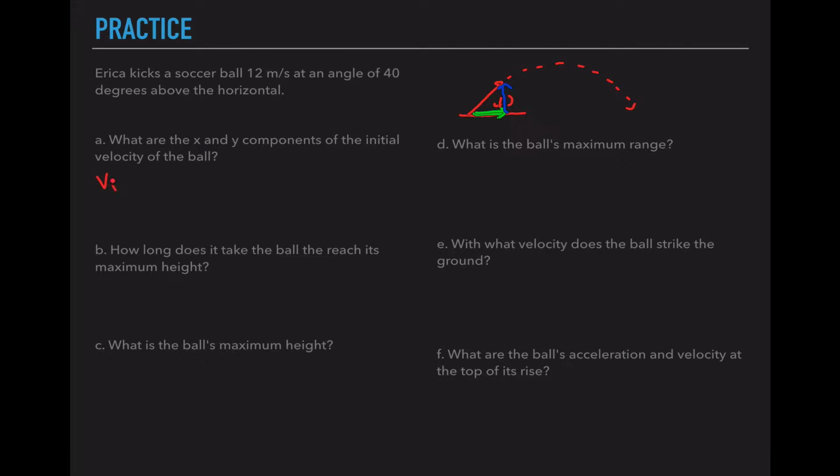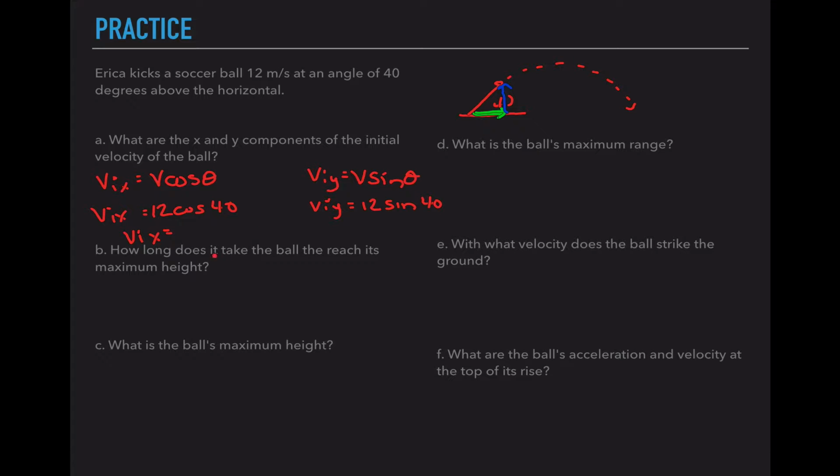To find Vix, we are going to use V cosine theta, and to find Viy, we're going to use V sine theta. So Vix equals 12 cosine 40, and Viy equals 12 sine 40.